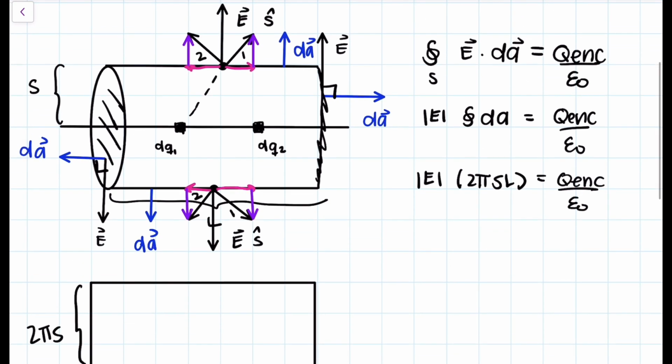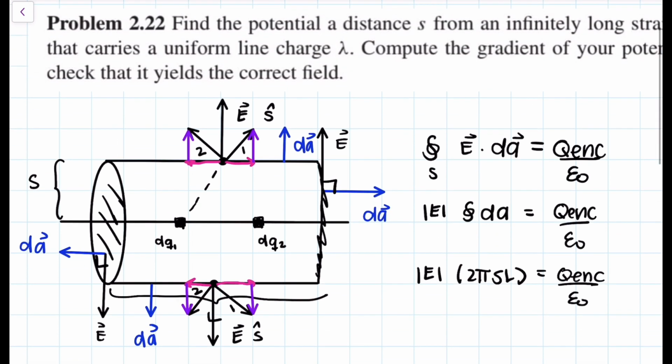To find the charge enclosed by the Gaussian surface, we can look at our infinitesimal elements of charge that I drew already, and we are told that the wire carries a uniform line charge of lambda. So at this point, there's lambda. At this point, there's lambda. The whole wire has lambda.